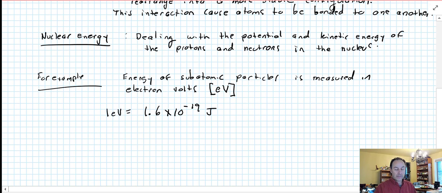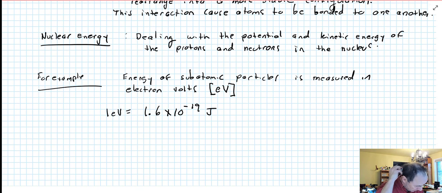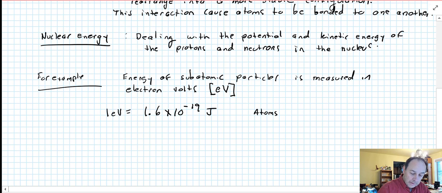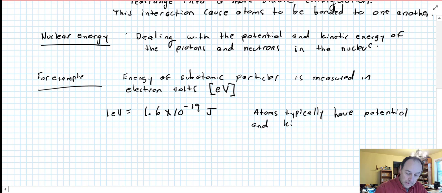Tiny little unit, when you consider a joule isn't that big of a unit itself. But this is convenient because atoms typically have potential and kinetic energies around a few electron volts.